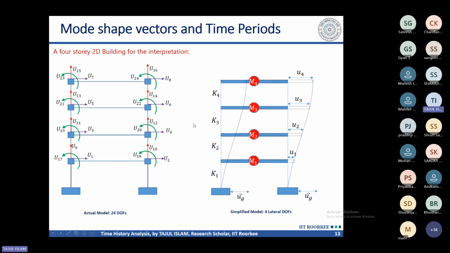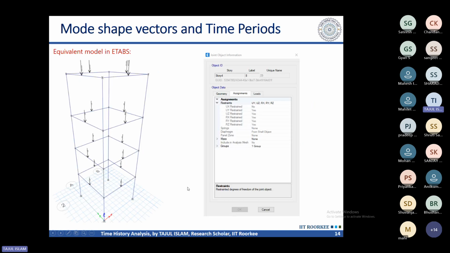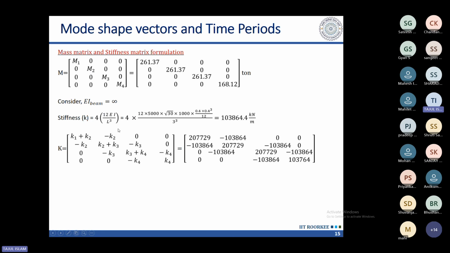And to get that stiffness matrix, you can refer to some standard books in dynamics or finite element method. There it will be explained how to get the stiffness matrix. Or else, if you are interested, you can attend our upcoming finite element course. There we'll show how to get the actual stiffness matrix of a structure. Okay, so those concepts you can apply here. And one more thing, this mass matrix will also be different. This will not be diagonal.